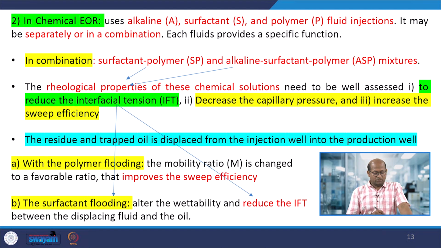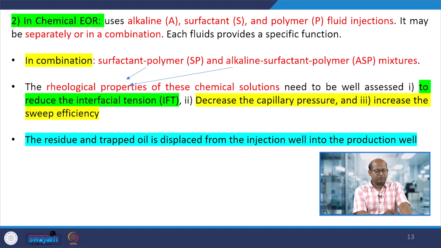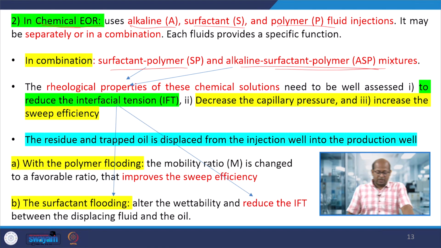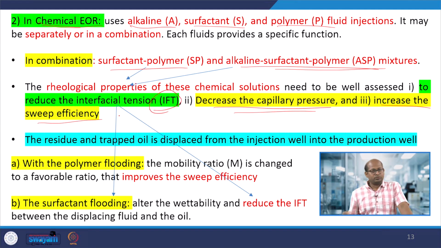So here is the role of surfactants: in chemical enhanced oil recovery we can inject alkali, surfactant or polymer fluids, individually, in combinations of two, or as alkali-surfactant-polymer mixtures. These change the interfacial tension, decrease capillary pressure and increase sweep efficiency.